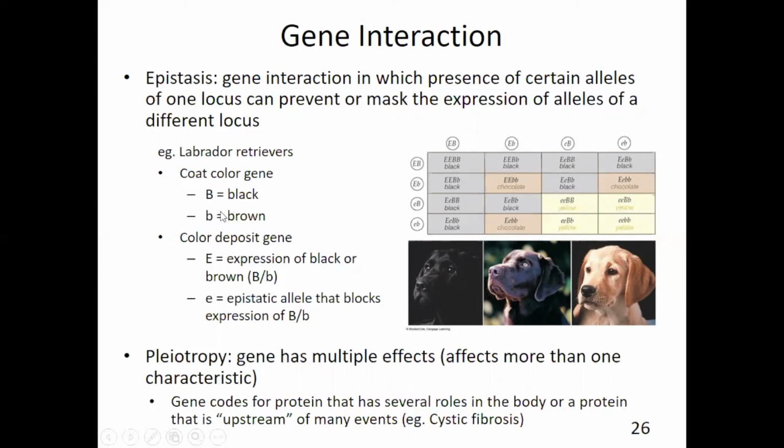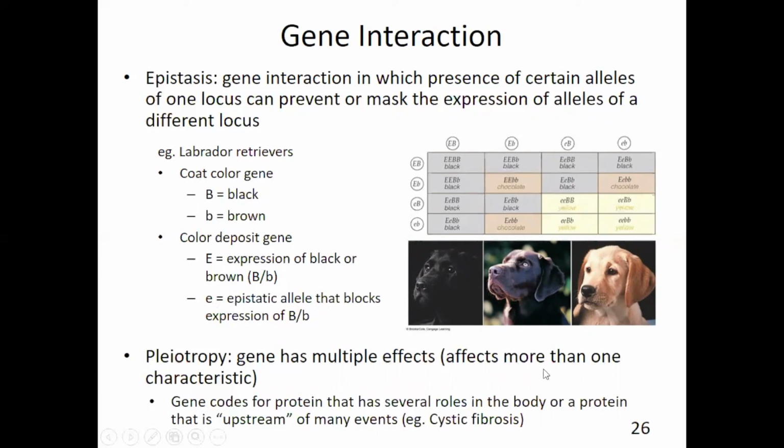However, this gene is being governed by a second gene called the color deposit gene. This gene, if you inherit the dominant allele, allows the expression of the color coat gene, while the recessive color deposit allele, lowercase e, blocks expression of the color gene.